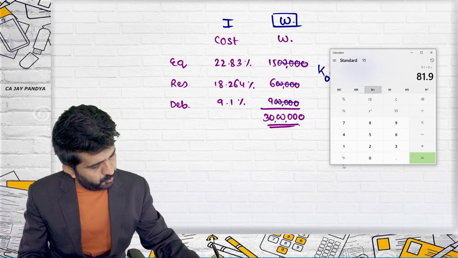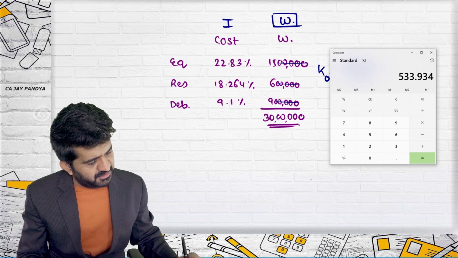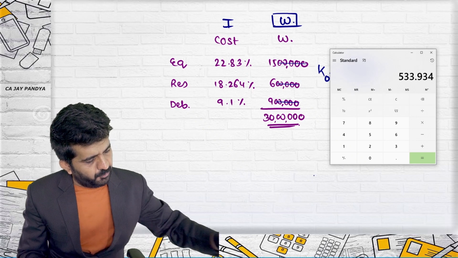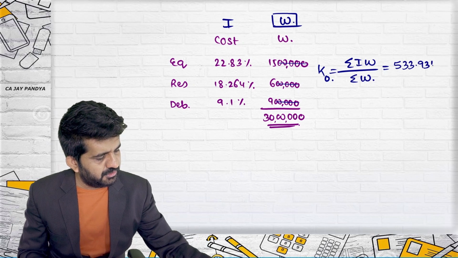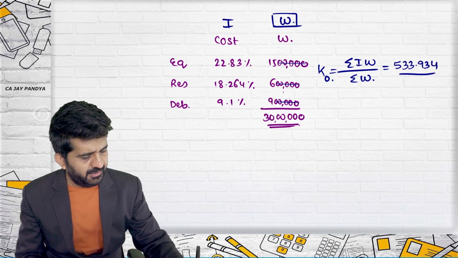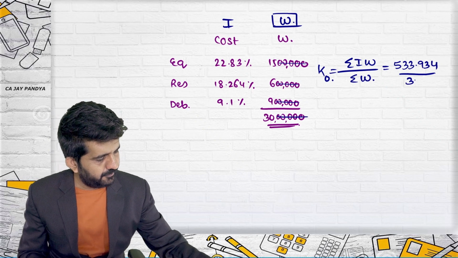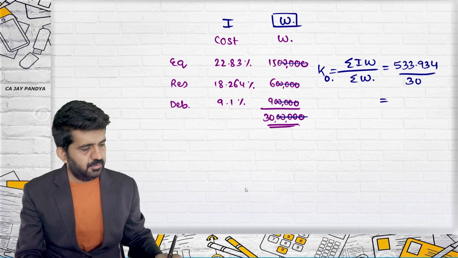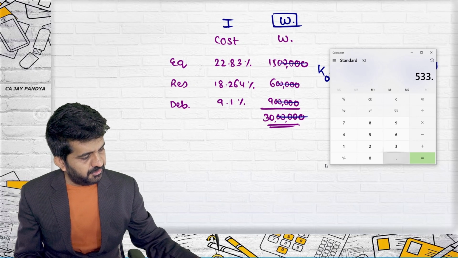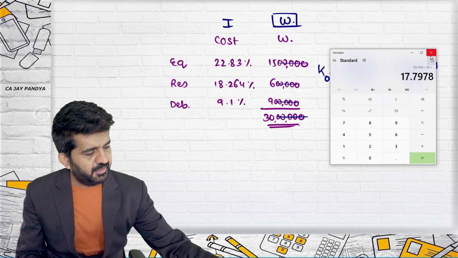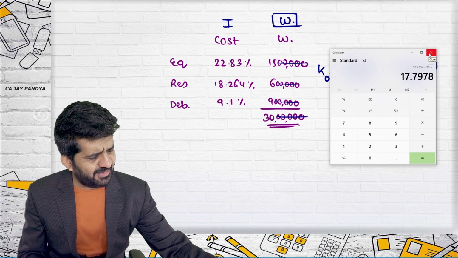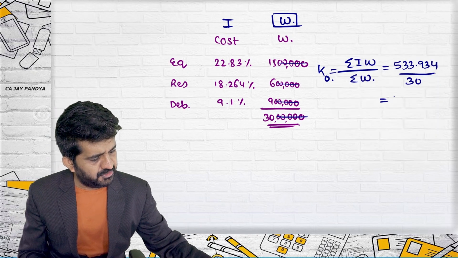The total is 533.934. 533.934 divided by 30 is 17.79, that is 17.80%.